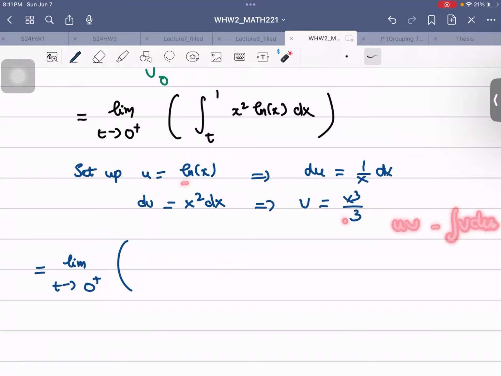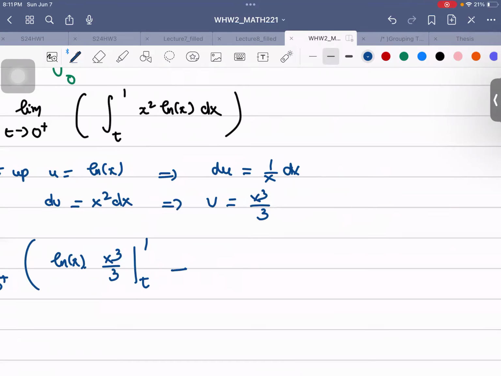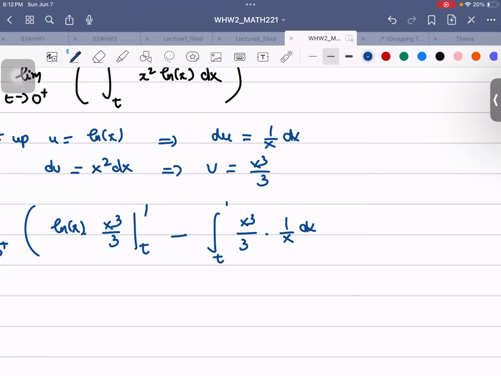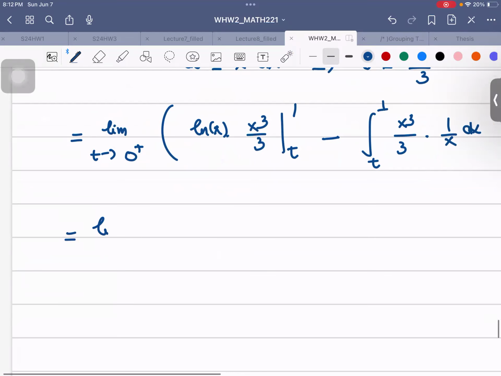So u times v gives me ln of x times x cubed divided by 3, with bounds t to 1, subtract the integral of v du. So x cubed divided by 3 times 1 over x dx, from t to 1, as t goes to 0 from the right.